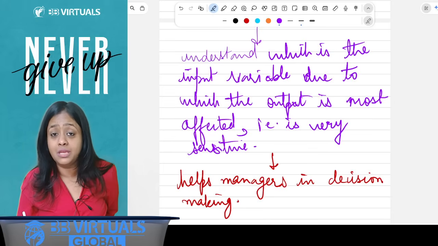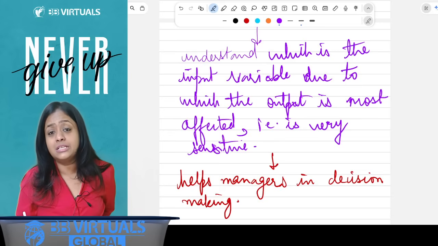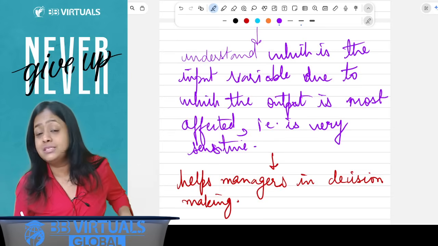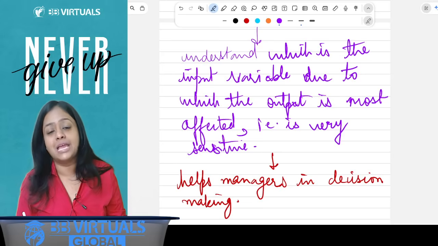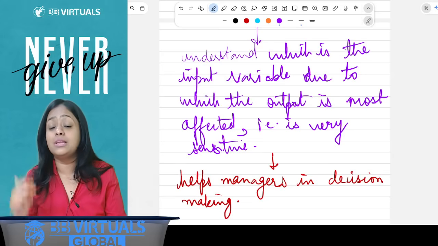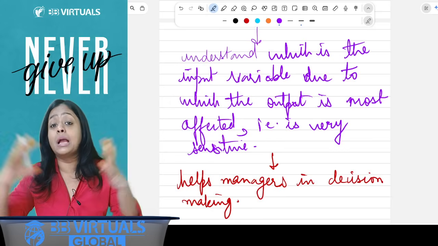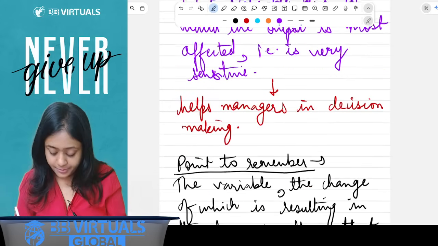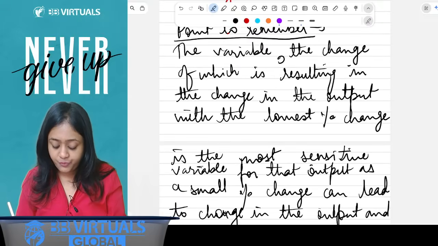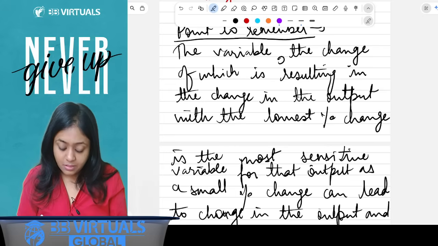So that would mean that a 20% change in advertisement will bring about a change in sales. So the product which has got least percentage will be the most sensitive product, because it's also bringing a big change in the output. So it helps the managers in decision making. Now just a few pointers to remember.